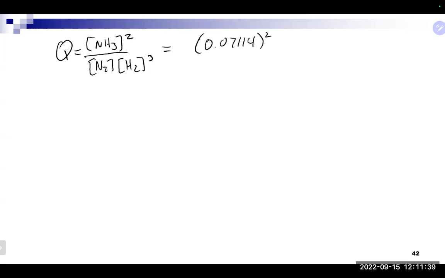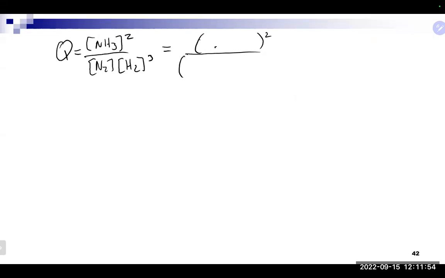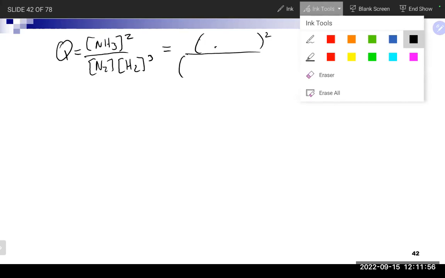0.07114 up on top, which we will square. We'll divide it by our N2. I think I put the wrong one there. Yes, I did. It should be NH3. Sorry about that. Get the NH3 up there on top.